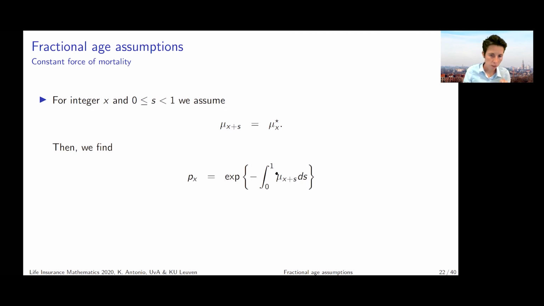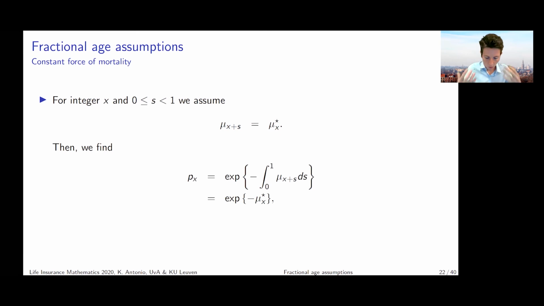But now you see immediately that if I do not have a specific function for this mu x evaluated in s, then I would struggle to figure out how to evaluate this integral. But if I'm willing to assume that the force of mortality is piecewise constant, then I can just plug in here the mu x star, that is a constant when I calculate the integral over s. So then I quickly retrieve the following expression.